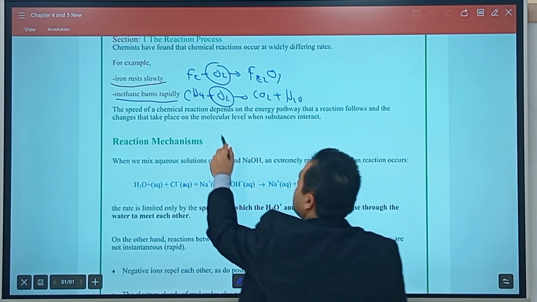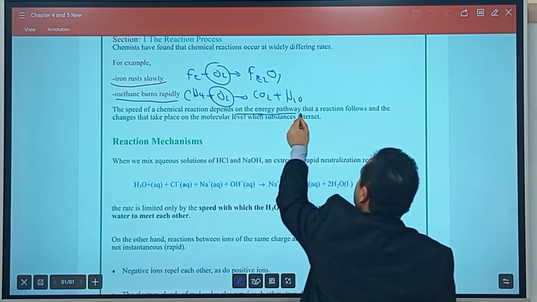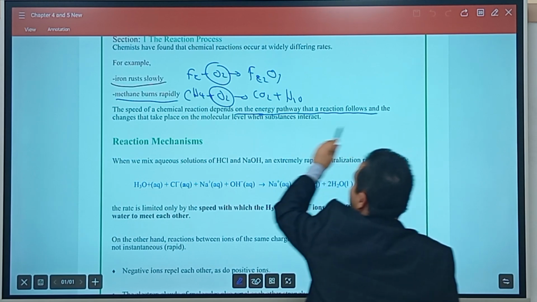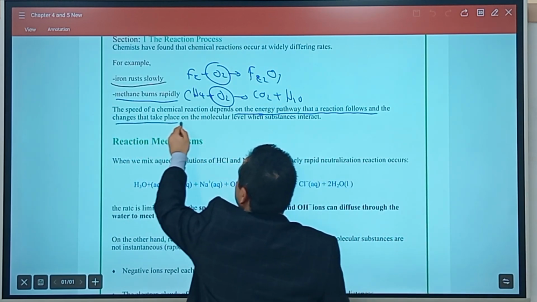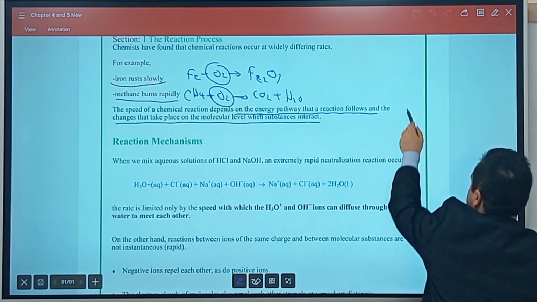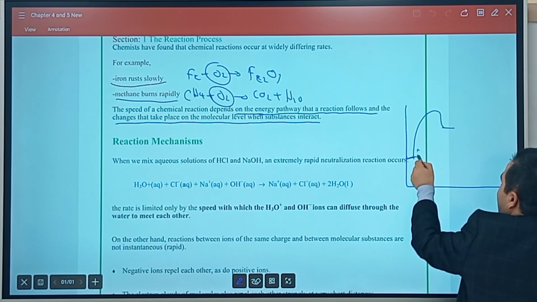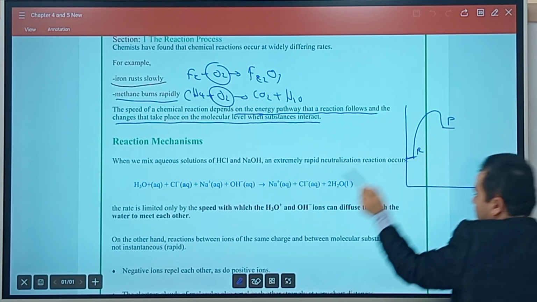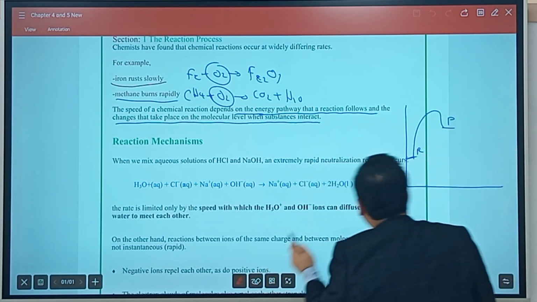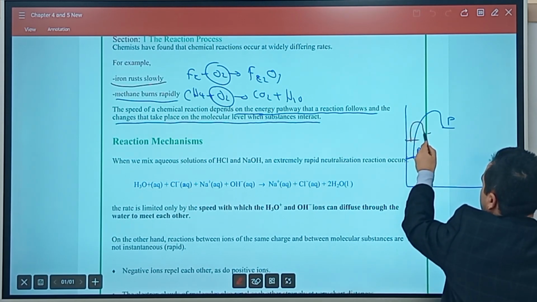The speed of a chemical reaction depends on two factors: the energy path that the reaction follows, and the change that takes place on a molecular level when substances interact, guys. Of course, when we have two paths of reactions, reactant to product, let me draw another path of reactant to product.